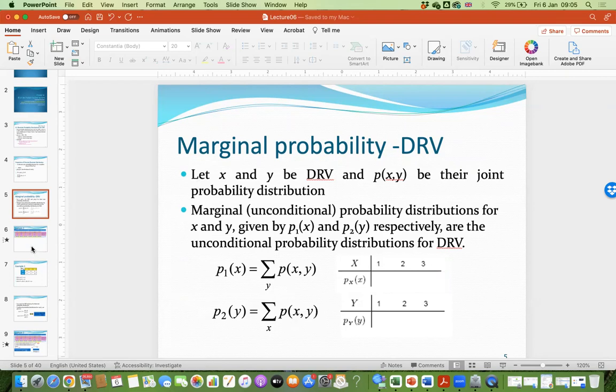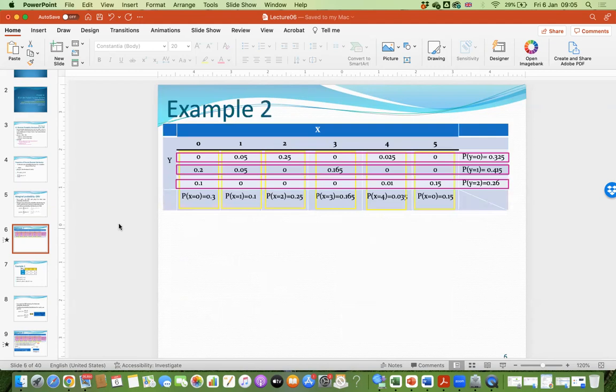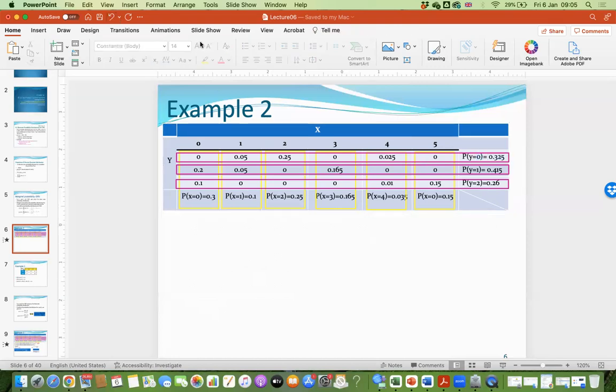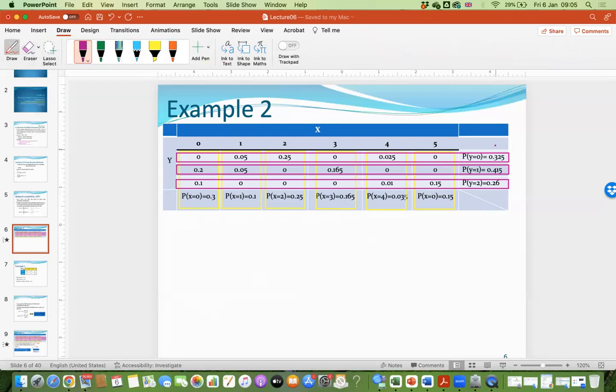For marginal probability of a random variable, if you look at this, I would like to find the marginal probability of P, probability Y equals to 0. What that means here is that the changing variable is X. Can you see? X equals to 0 probability when Y equals to 0 is 0.